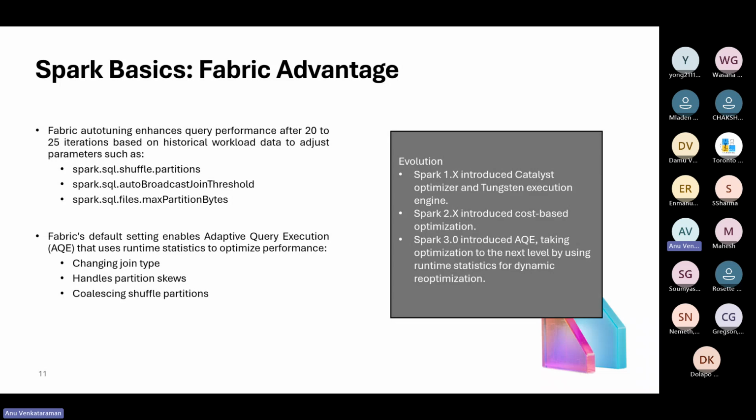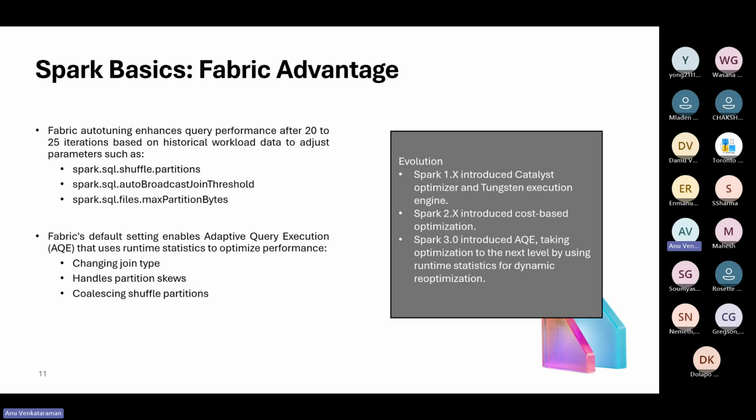Maybe someone who is not a Spark expert is developing an application, processing some data, running some machine learning, and after 10 to 20 to 25 iterations of runs, behind the scenes Spark adjusts the parameters that I talked about: shuffle partitions, auto broadcast join threshold, and maximum partition bytes, which controls the input read partition size.